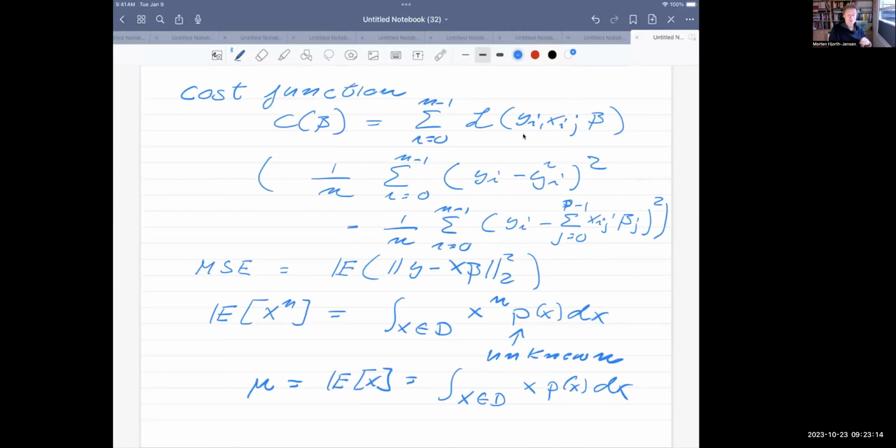This is the quantity which we ideally would like to calculate, but we don't know p of x. So what we have is actually the sample mean, which I'm going to label mu of x, which is 1 divided by n times a sum over all the observations which we make. And this quantity here is what we call the sample mean.